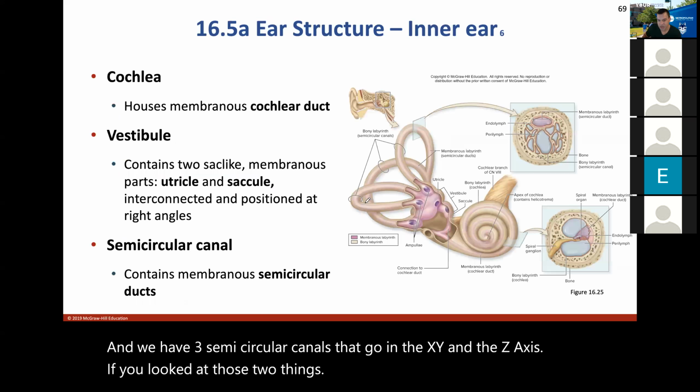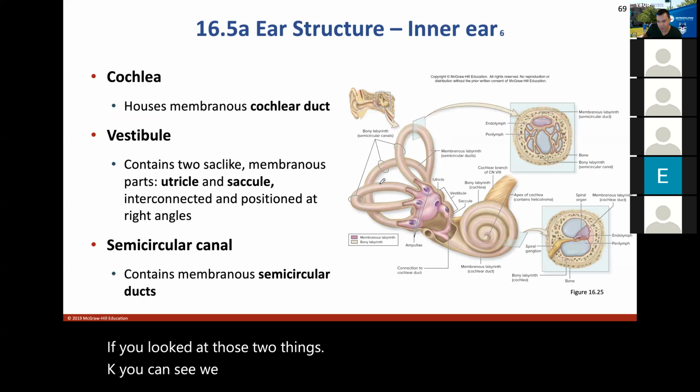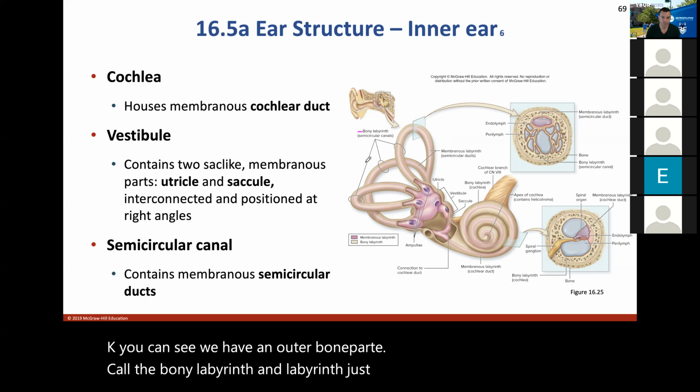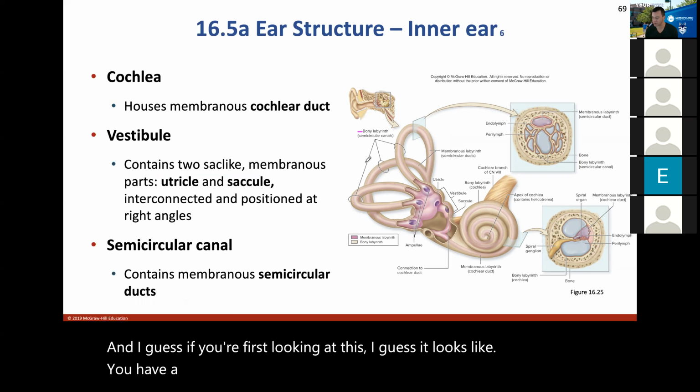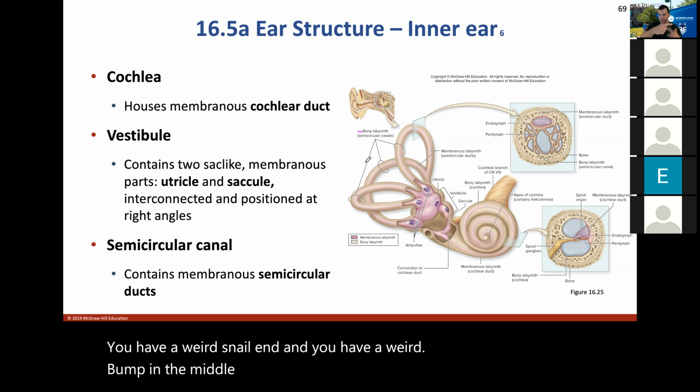You can see we have an outer bony part called the bony labyrinth, and labyrinth just means maze, right? If you're first looking at this, it looks like you have a weird snail end, a weird bump in the middle, and then these three canals going in the X, Y, and Z axis.